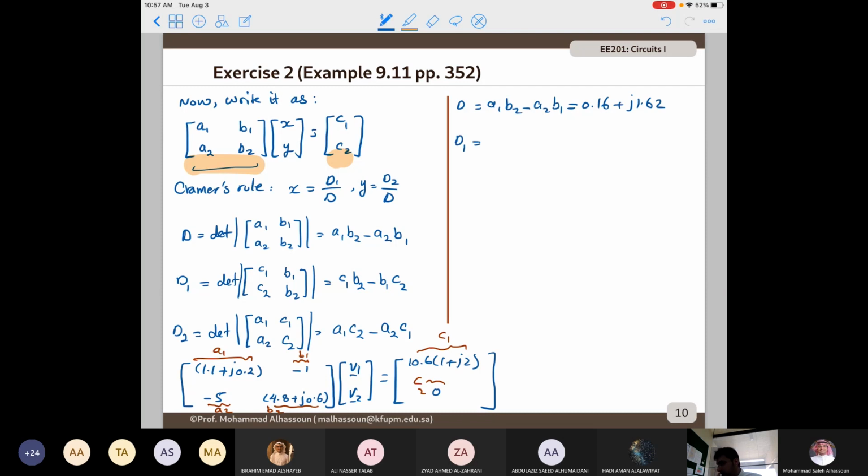D1 is actually very simple because here C2 is 0, so we have only one term. It's going to be C1 multiplied by V2, and if we do that, it's going to be 38.16 plus.